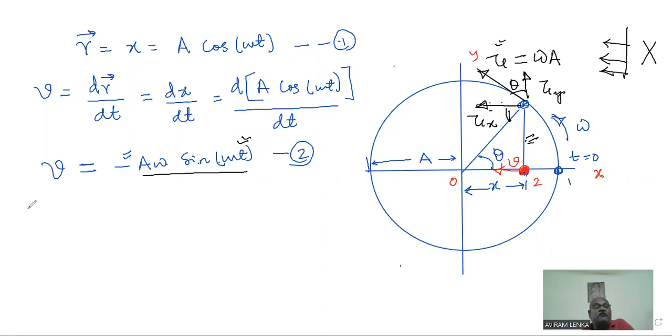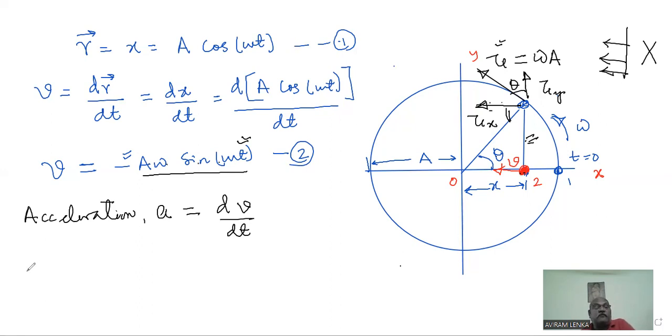So if I go for acceleration, then acceleration a, we know that is the rate of change of velocity with time, or derivative of velocity with respect to time.